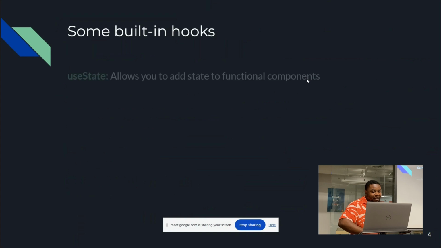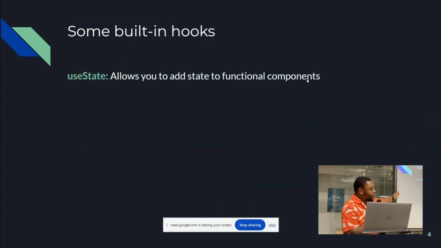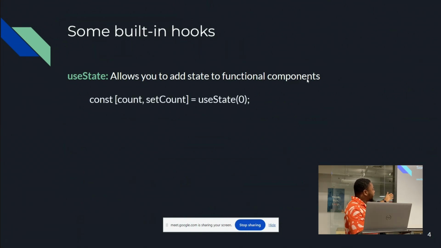And then some built-in hooks: useState. As I was saying, that will allow you to use state in a functional component without having to write classes, of course. If you want to use state in your component, all you have to do is use that magical function called useState from React, and this is how you define it. It's as simple as count, setCount.